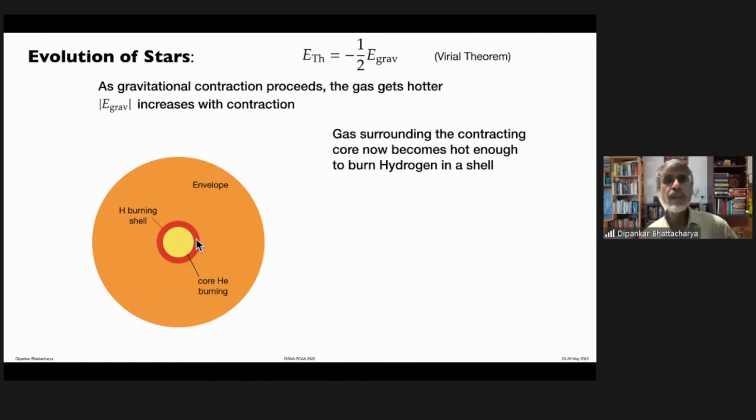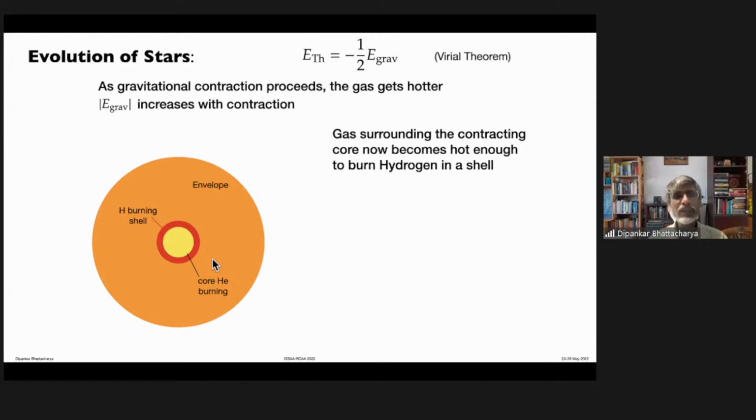So the gas surrounding the core, which earlier was not hot enough to burn hydrogen, now because extra heat has come because of the contraction of the core, the temperature outside has risen, and the material just outside the core can now become hot enough to burn hydrogen.